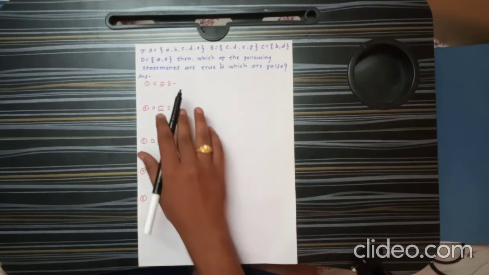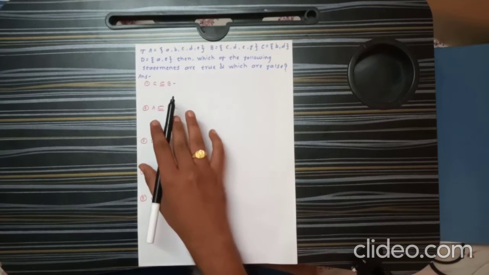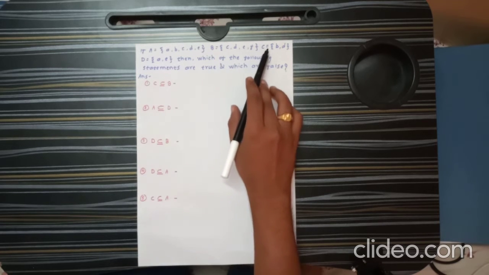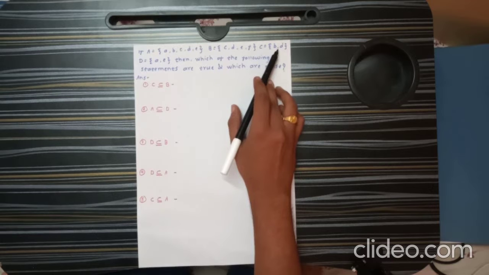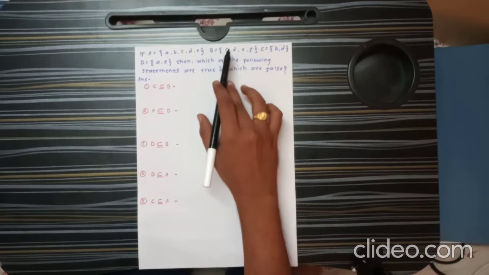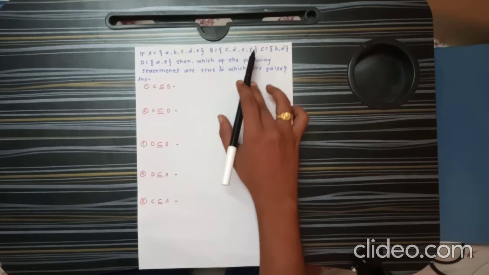The first statement is given as C is a subset of B. Now if we consider set C, there are two elements b and d, and in set B there are four elements c, d, e and f.